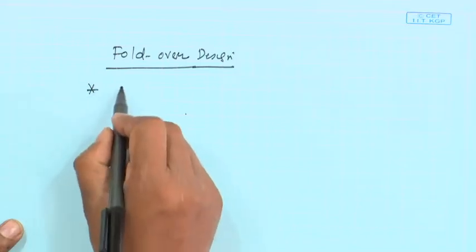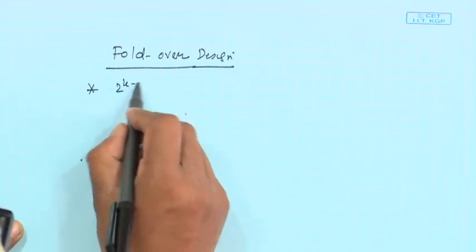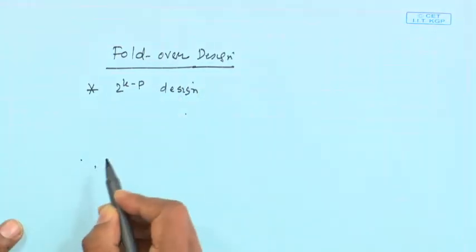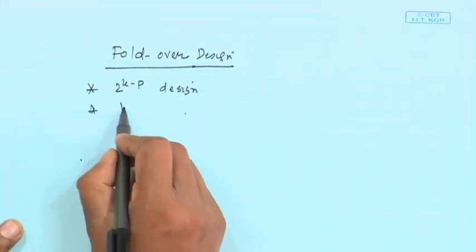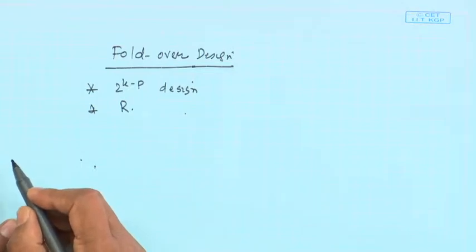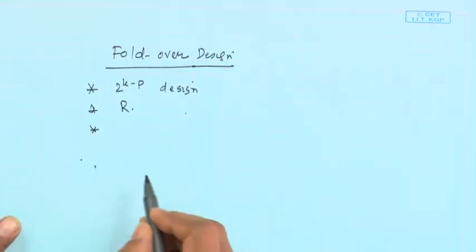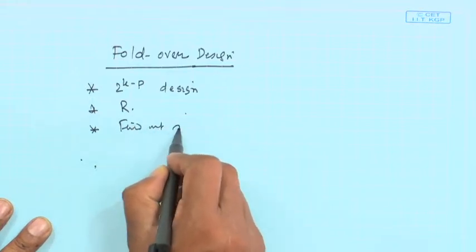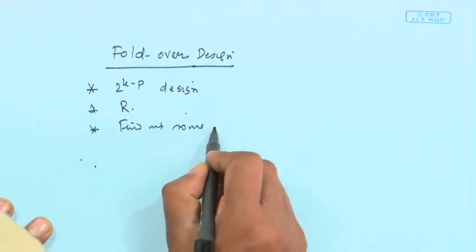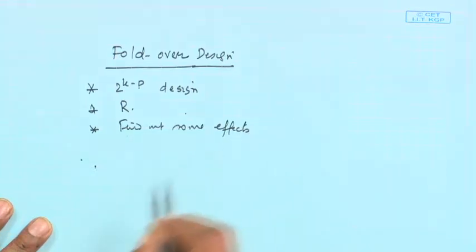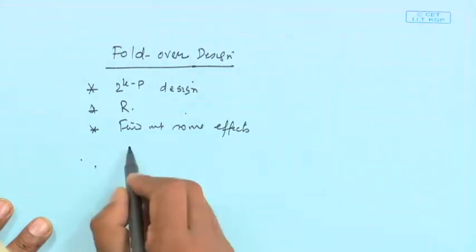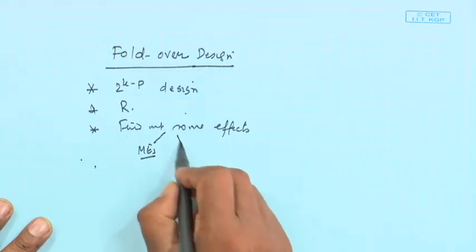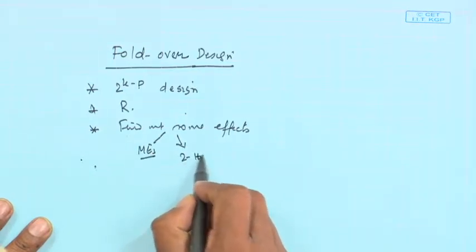First, you have a fractional factorial design. You have chosen a particular resolution, and your interest is to find out some effects. Maybe the primary interest will be all the main effects, then your second order interaction effects.